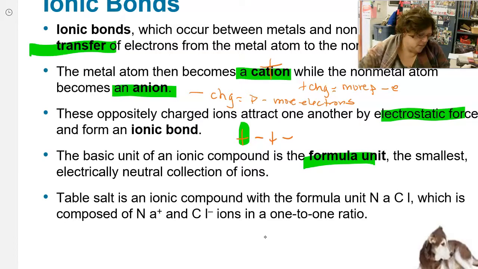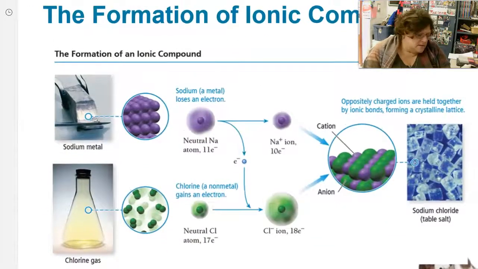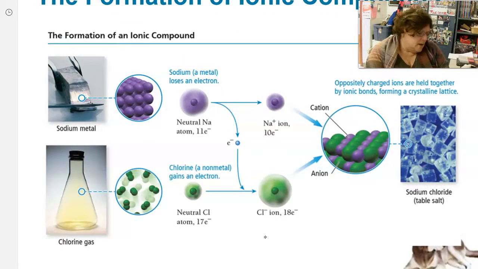All right. Table salt is an ionic compound with the formula NaCl, which is composed of sodium and chloride ions in a 1-to-1 ratio. All right, here's an example. Sodium metal, chlorine gas. The sodium metal mixes with the chlorine gas, and basically it gives off one of its electrons.